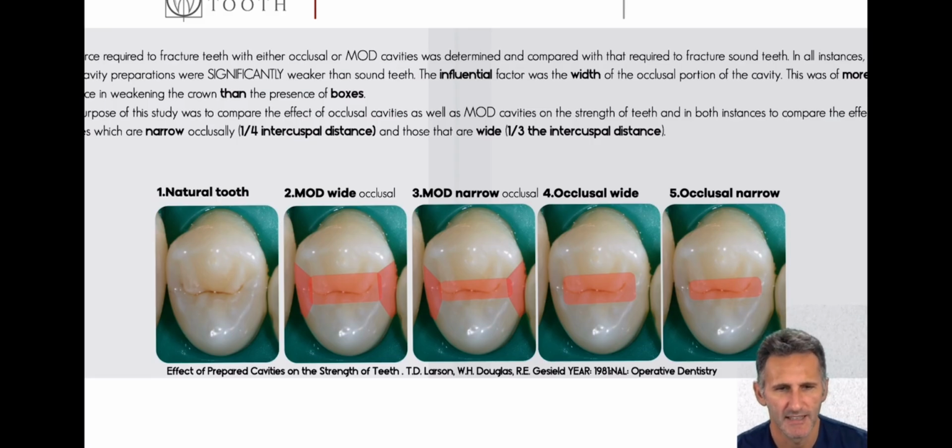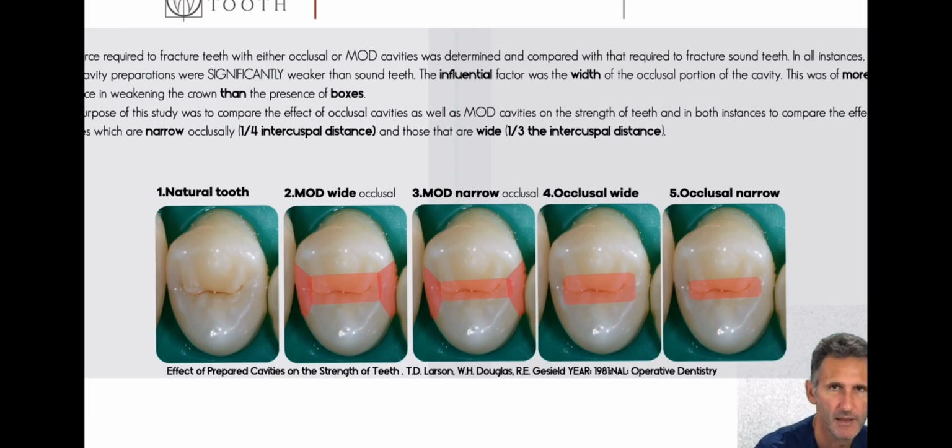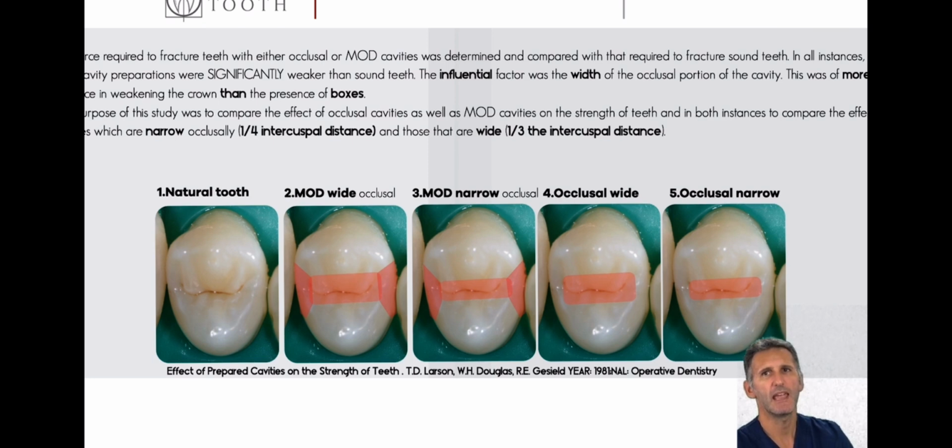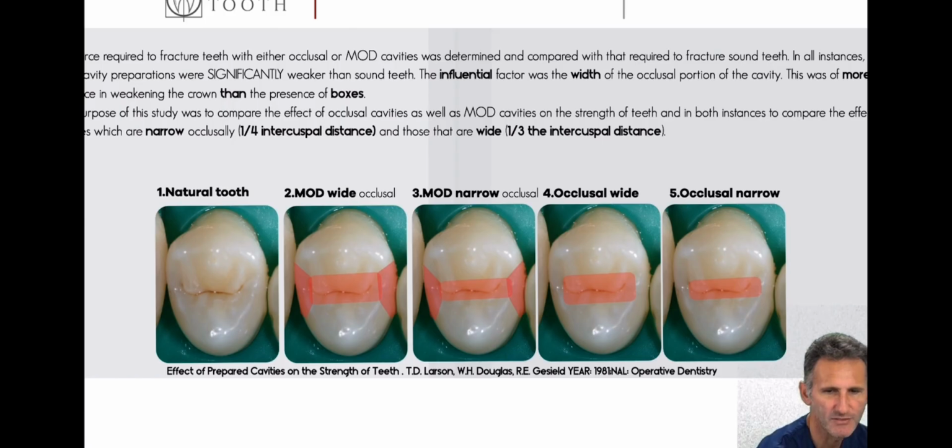So, in this study, they analyzed the fracture resistance of a natural tooth, an MOD wide, and an MOD narrow. The difference between wide and narrow is between 1/3 and 1/4 of the intercuspal distance. Occlusal wide, again 1/3, and occlusal narrow, again 1/4. The article is Effect of Prepared Cavities on the Strength of Teeth, Journal of Operative Dentistry.